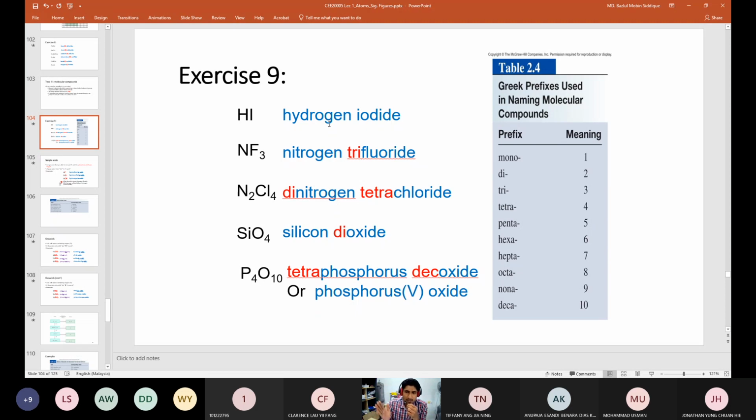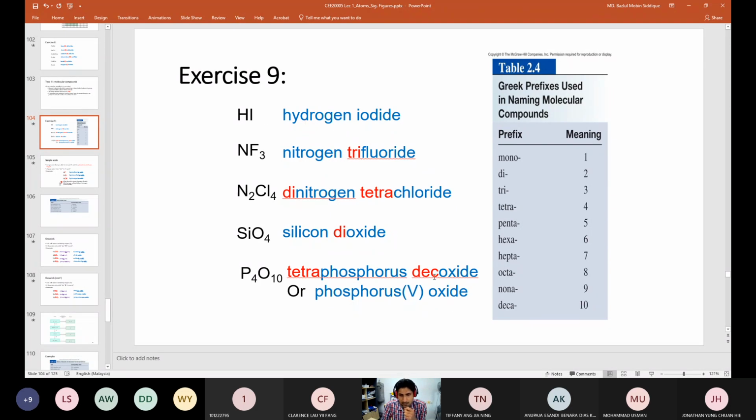The non-metal that occurs furthest to the left on the periodic table will be named first, and the rest will follow. And of course we have to use the prefixes like mono, di, tri, tetra, penta, and so on.